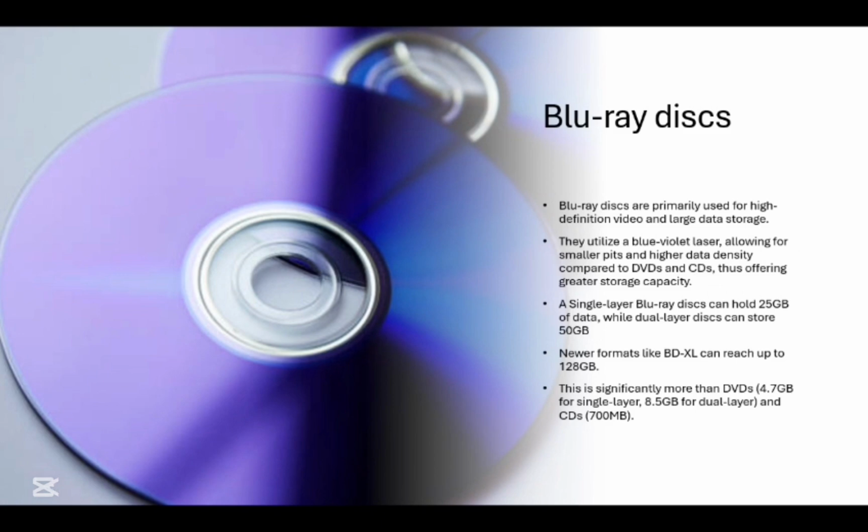They use blue violet laser which allows for a higher data density than DVDs and CDs. A single layer Blu-ray disk can hold 25 GB, a dual layer disk can store 50 GB, and newer BDXL formats can hold up to 125 GB.